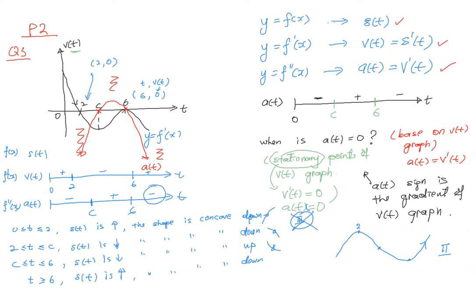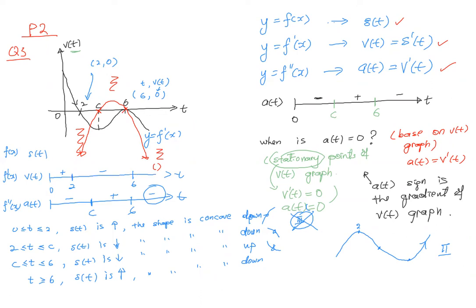Oh. But I think the VT after 6 is negative, yeah? So it's concave down, right? Yeah. Oh, this one is negative. Sorry. This sign is wrong. That sign is wrong. I'm sorry, yeah?